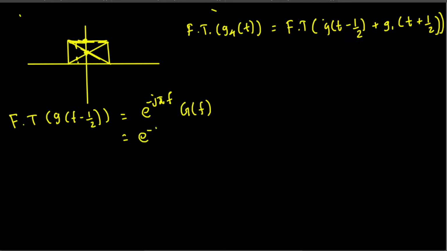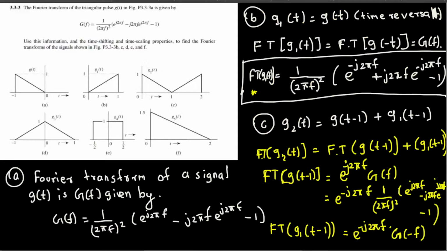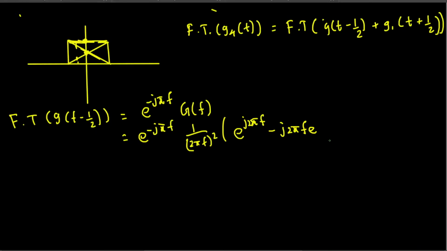So e power minus j pi f, and the Fourier transform of g of t was (1 over 2 pi f) whole thing squared, multiplied by e power j2 pi f, minus j2 pi f, e power j2 pi f minus 1, and that is it.